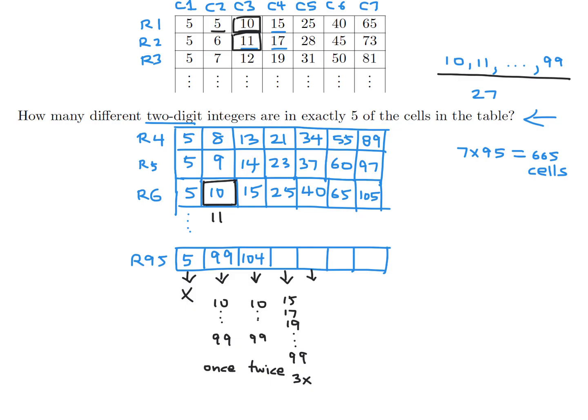All right, so now we go to column 5. These numbers are 25, 28, 31, all the way up till 97, if you keep adding 3. So those numbers will appear 4 times.